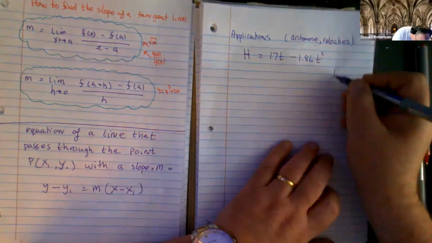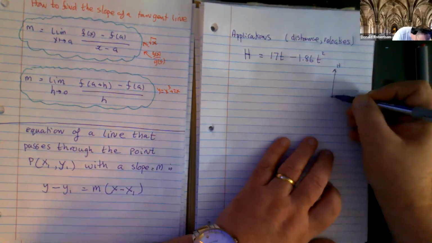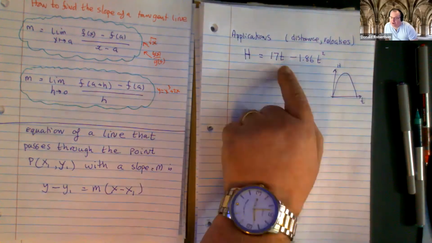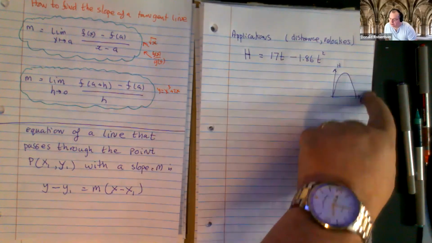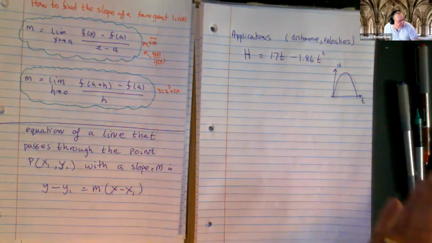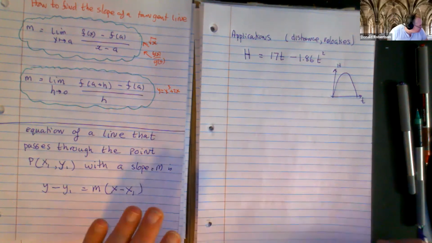So can you imagine this is time and this is the height of the object thrown in the air and it hits the ground, right? It would look like that. And if you put that into your calculator, that's what the curve would look like, right? So I would like to know its velocity at 1 second, at 2 seconds, at 10 seconds, whatever I particularly have been asked to do.